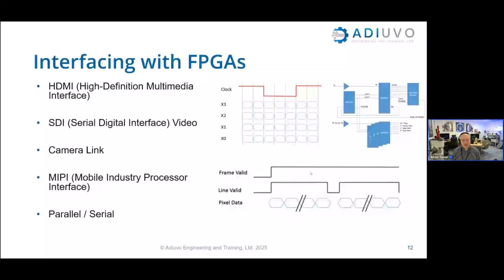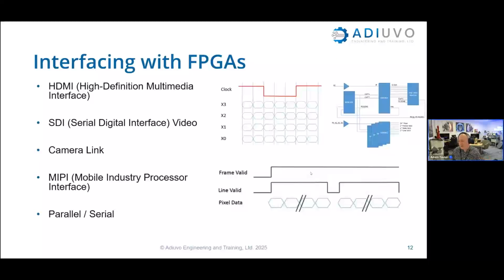There's a few different interface standards that we've worked with over the years with our FPGAs. HDMI obviously is one of the most common ones for working with cameras. We also do a lot of SDI, serial digital interface video, so 3G SDI, 12G SDI, and that's really quite nice to work with, because it just comes down a coax and into some sort of transceiver, and we can pull that out.